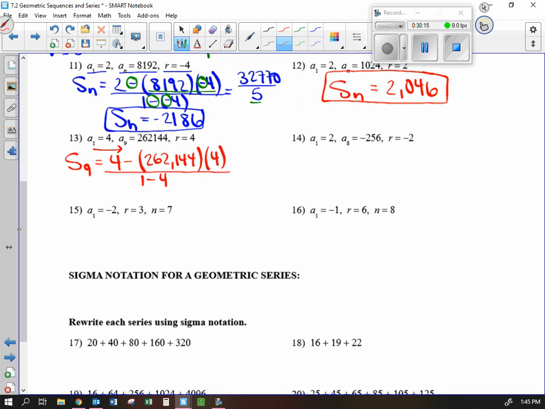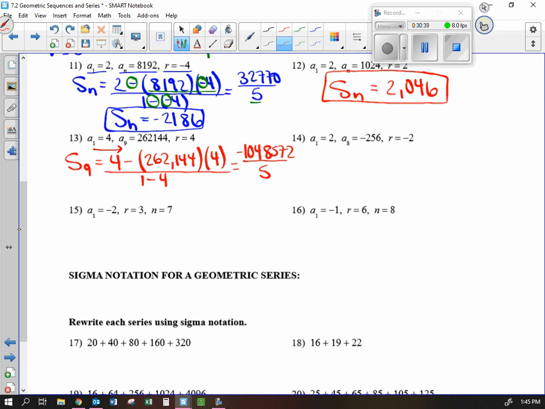Again, this is a lot more calculator work here. What you're going to be getting on the top, if you do it correctly, is negative 1,048,572 over negative 3.